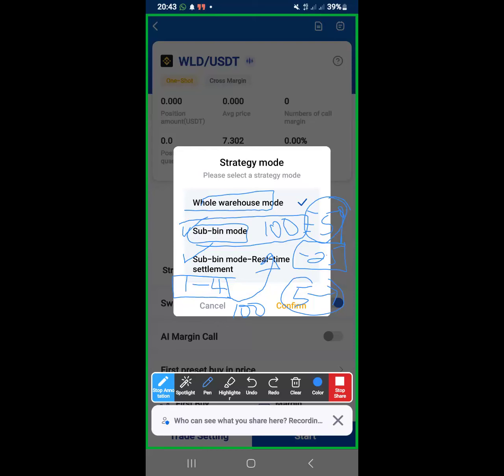But for Sabine mode real-time settlement, you'll be settled there and then, where as long as the robot has executed a sell order, it will give you your profit and the capital used for that position.